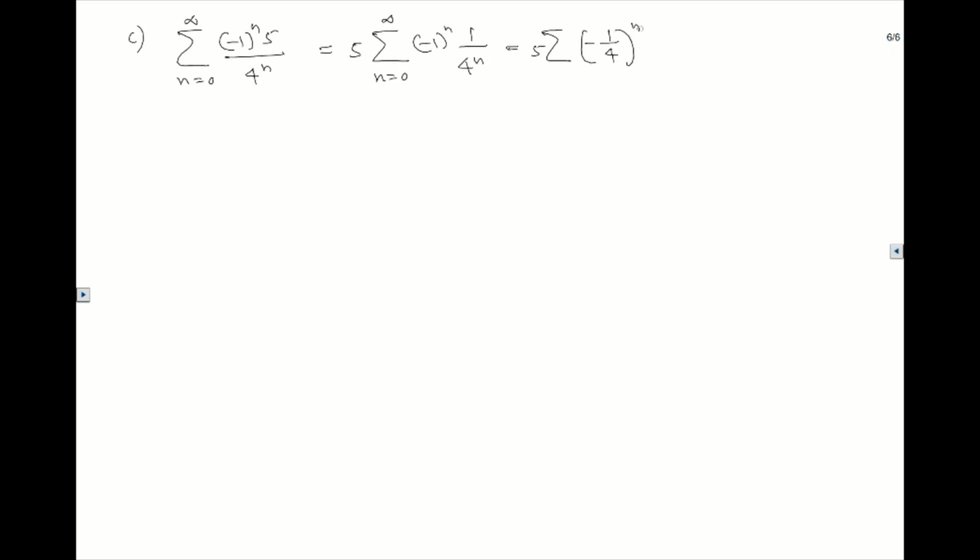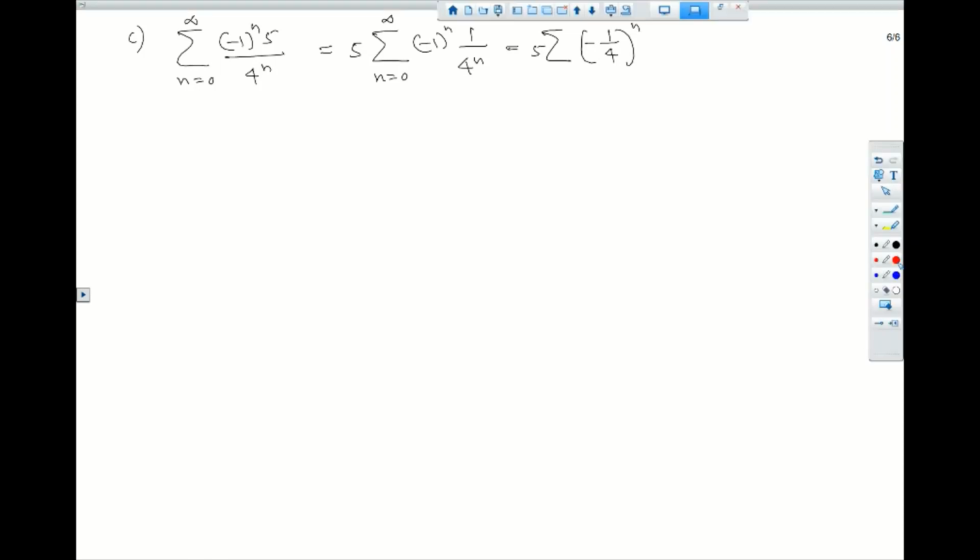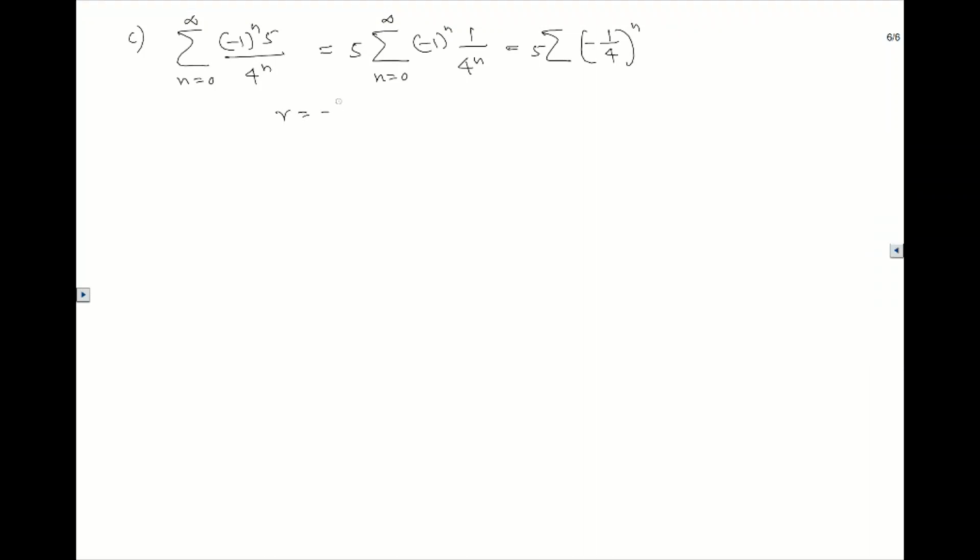So that directly tells you what a is and what r is. In this case you can see that r is equal to negative 1/4. The absolute value of r is 1/4, which is less than 1. That means the series converges, because we know that if less than 1 it converges, and if greater than or equal to 1 it diverges. Now, what is a? a is the first term.